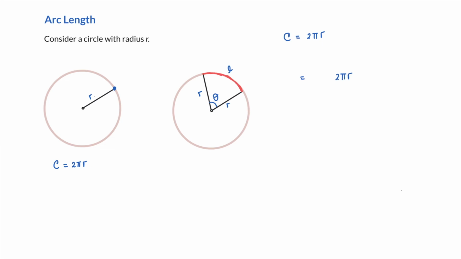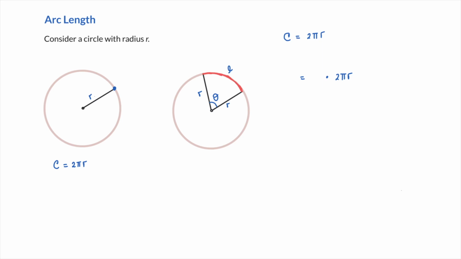But I don't want the entire one complete turn. And you know that one complete turn is equal to 360 degrees. I only want theta out of 360. I only want that particular fraction, the fraction that corresponds to theta of the entire circle.